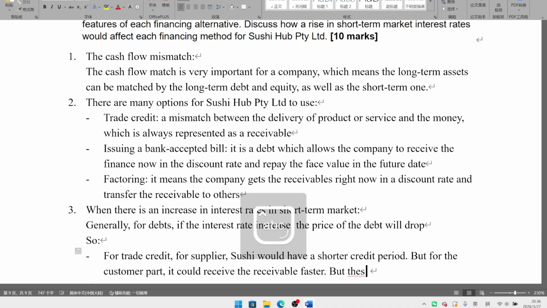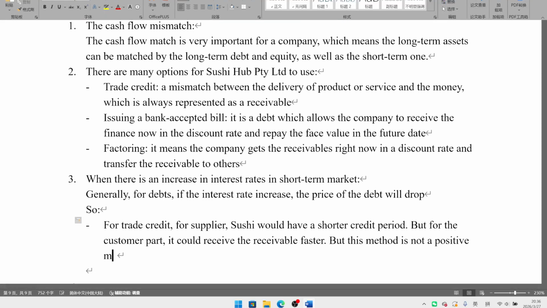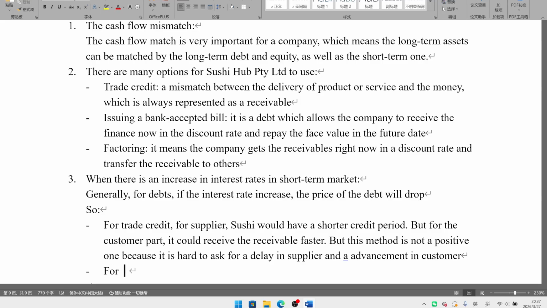But this method is not very positive, because it is hard to ask for a delay from the supplier and an advancement from the customer.